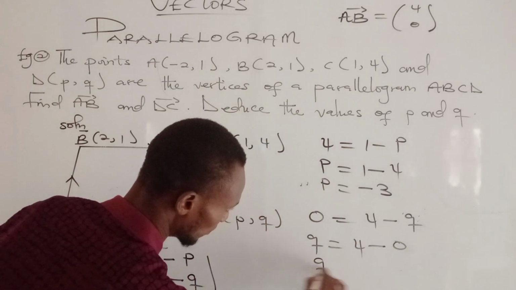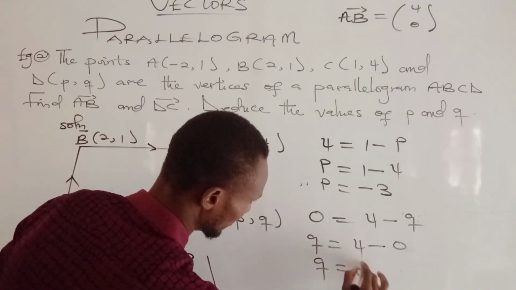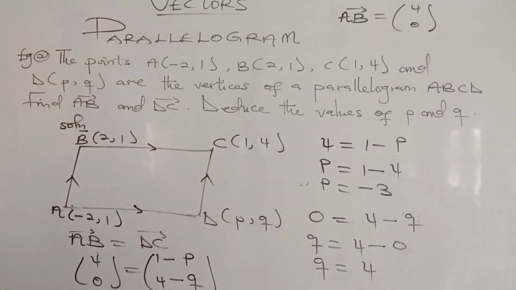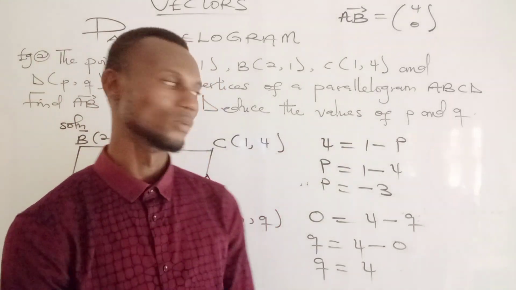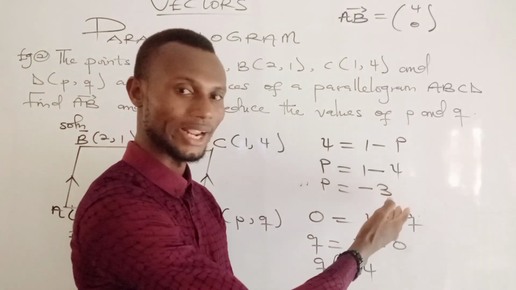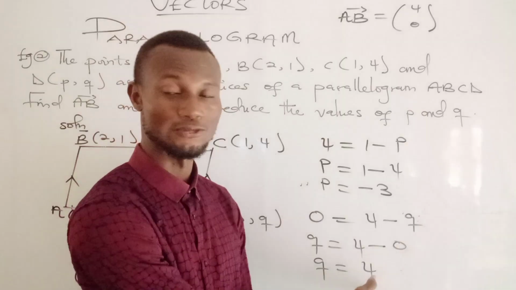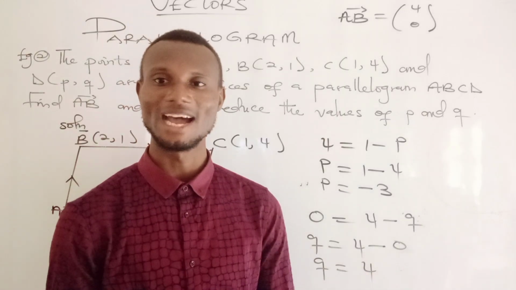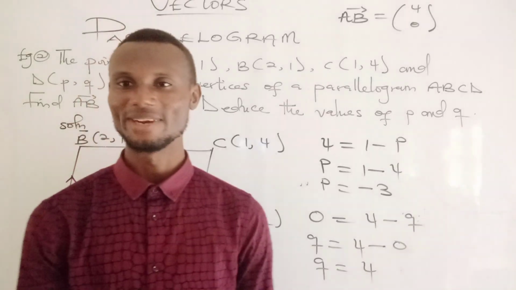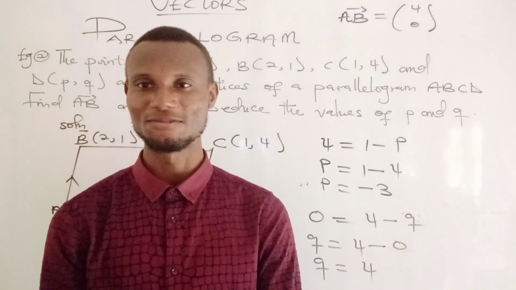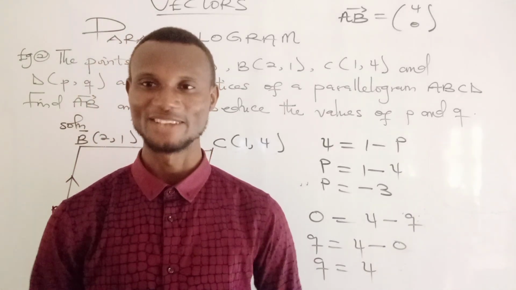So my Q will be equal to 4 minus 0, which gives 4. So these are the values of P and Q. P is minus 3 and Q is 4. This is how to go about the question, and I hope the explanation is clear enough and you understood it as well.